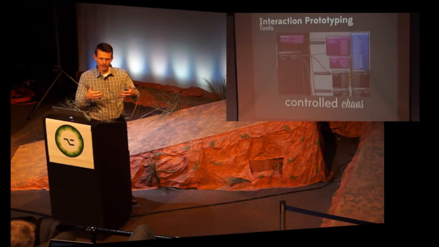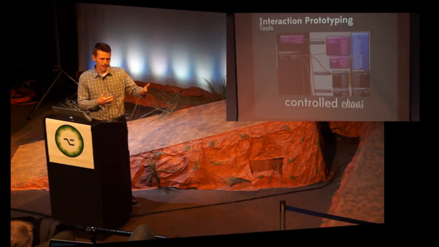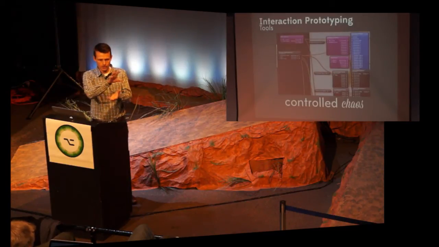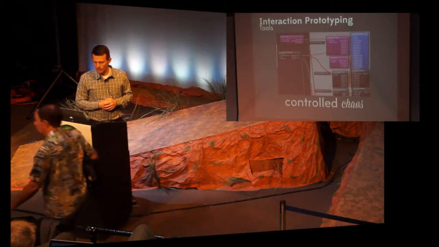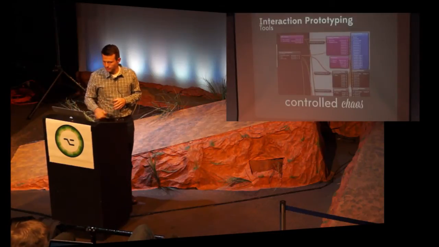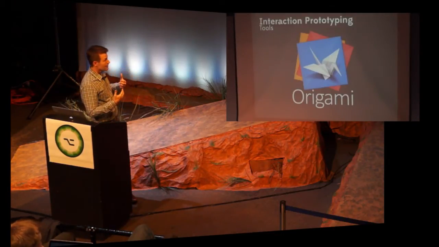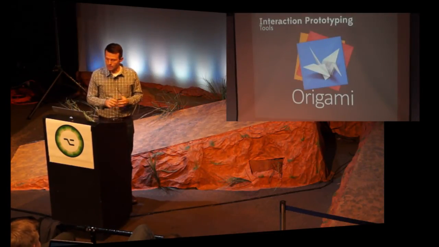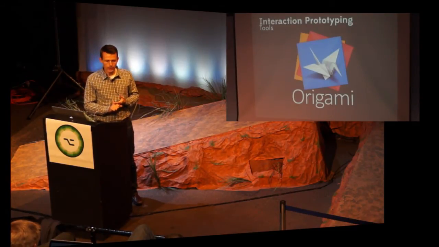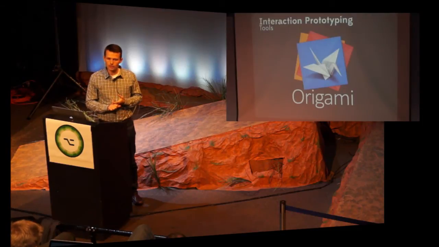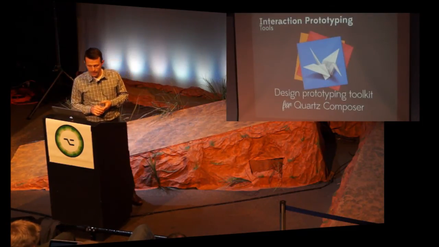So you don't have that common pattern-based vocabulary where somebody looking at your composition can immediately realize, oh, these are the patches that handle scrolling for a particular area. They've got to decipher everything that's going on within your composition. And that's what's so great about Origami, because it addresses these two issues directly. It provides a way to always focus on pixels as your coordinate system, and it creates a common vocabulary.